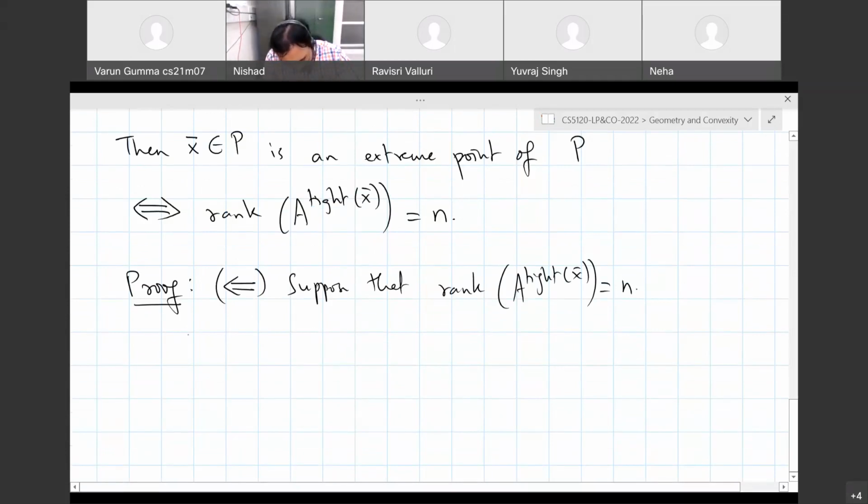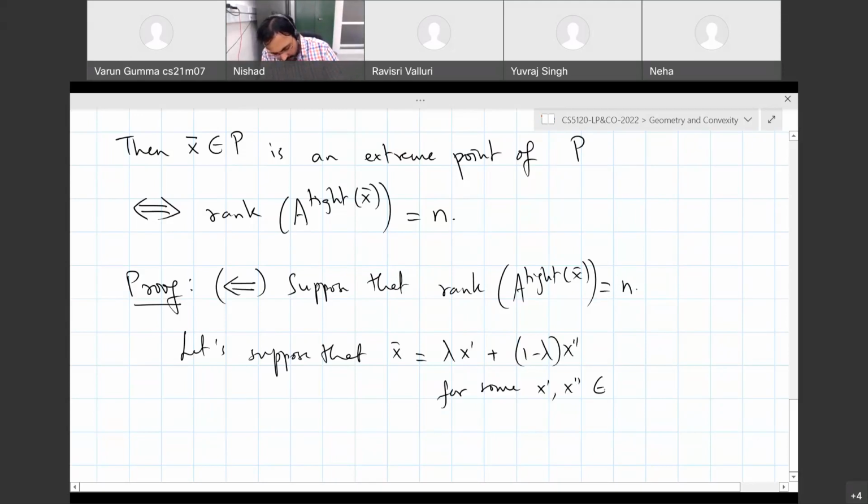Okay, so let's suppose that the given point x bar is a convex combination of 2 points, okay, and we will show that both of these points are the same.